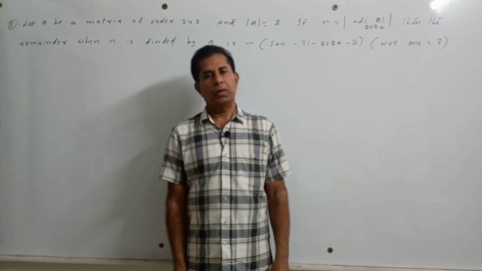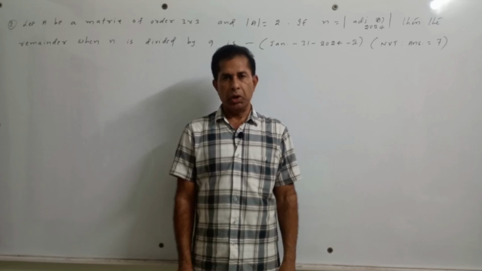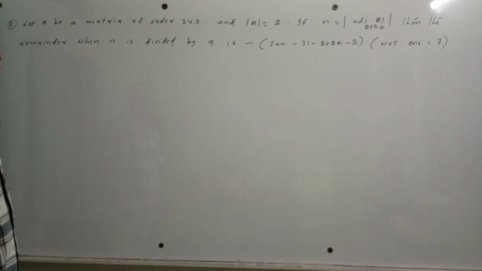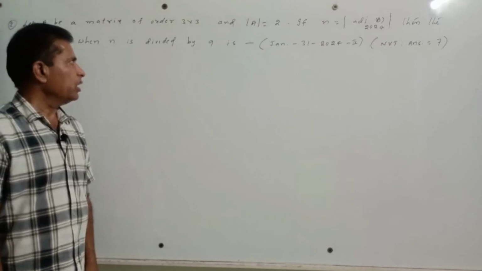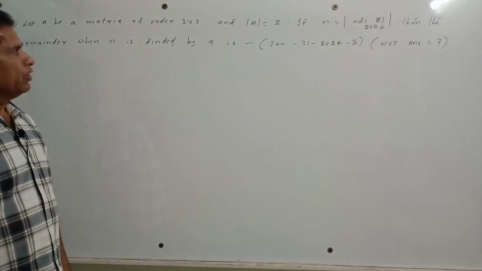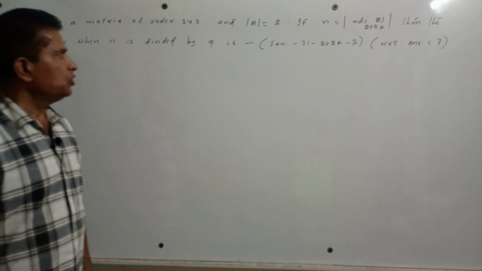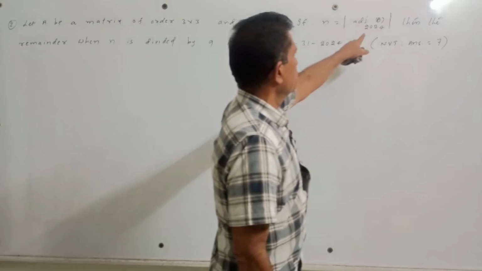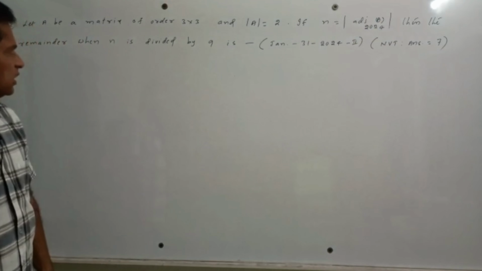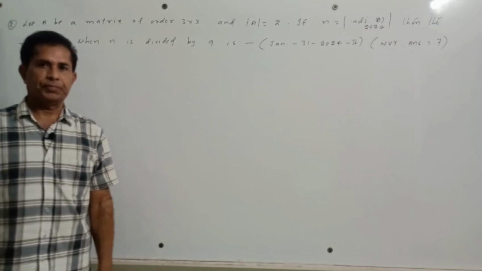See one more model on congruence modulo m. Let A be a matrix of order 3 by 3 and determinant of A is equal to 2. If n is equal to determinant of adjoint of adjoint, 2024 times, of A, then the remainder when n is divided by 9 is.